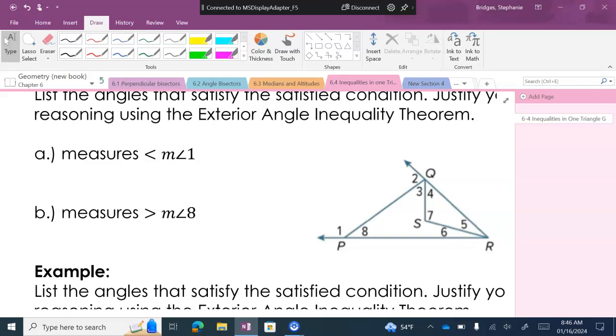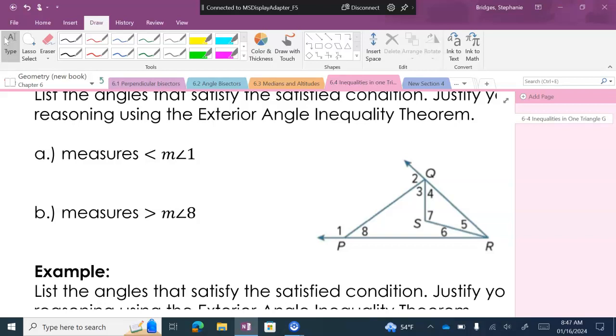Exterior, okay. So what I need to say is, and this one has a little bit more going on to it, but if I'm looking here, my remote interior angles would be this one here. What makes up that one right there? What two numbers am I pointing to? 3 and 4. Okay, and then it's also bigger than this here, which is what other two angles? 5 and 6.